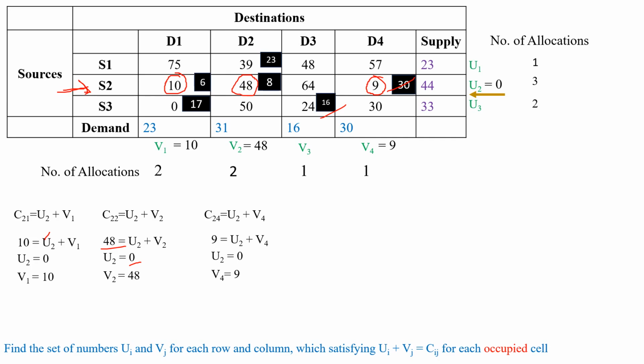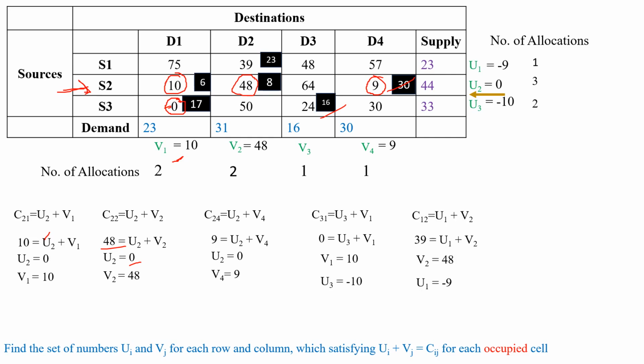So here we know the V1 value. In the D1 column we have another allocation, that is C31. So C31 equal to 0. Then we know the C31 value as well as the V1 value. Substituting here, we get the U3 value as minus 10. Next we know the V2 value. In the second column we have another allocation, in the S1 row and D2 column.